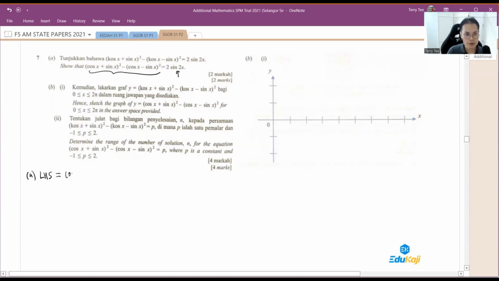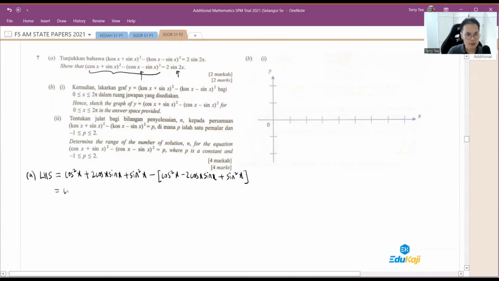When you square it, you get cos squared x plus 2ab, 2 times cos x times sin x, then plus sin squared x. Then you minus, put a bracket here, expand: cos squared x minus 2 cos x sin x, then plus sin squared x.